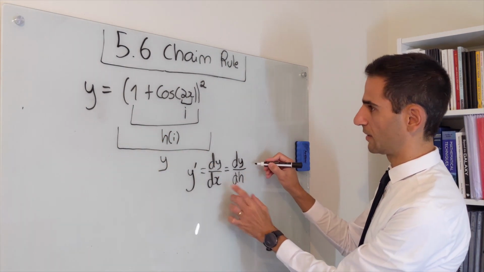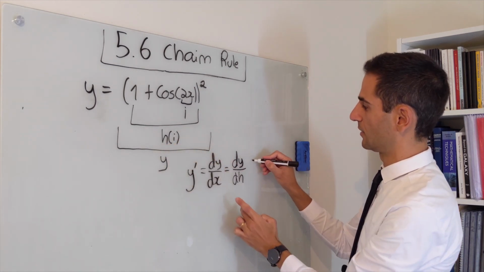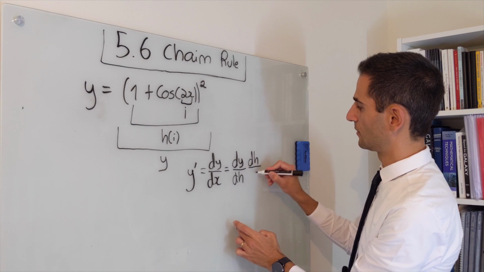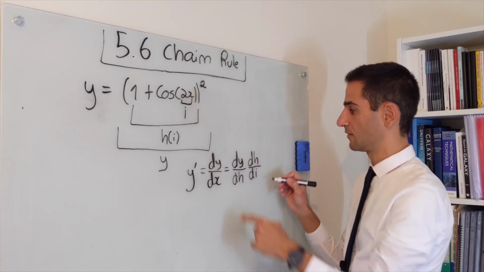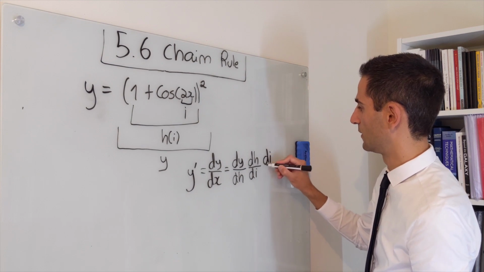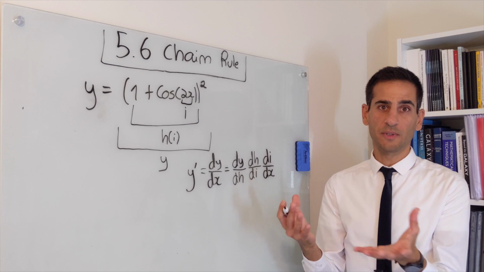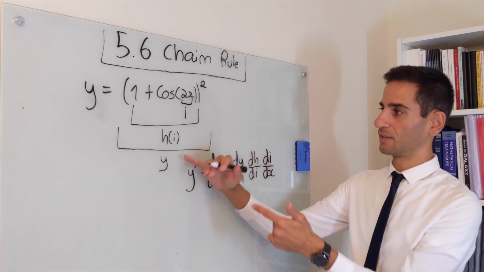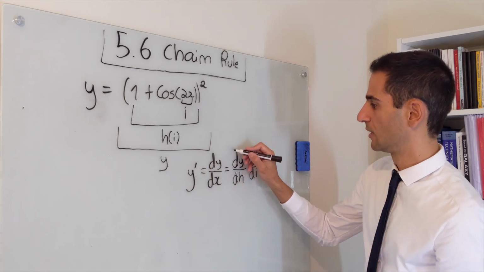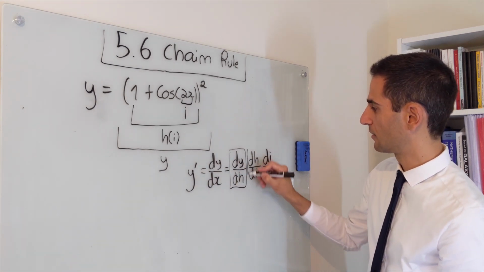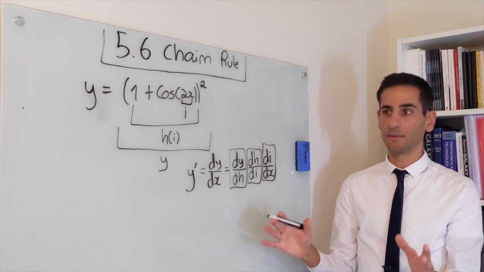We multiply by the next one because h is also a function of i, dh/di, and finally i is a function of x, so we multiply by di/dx. Leibniz notation is really powerful because of this. You could keep going into the functions until you reach the final one, and it also means that you can calculate these independently and then simply multiply them.